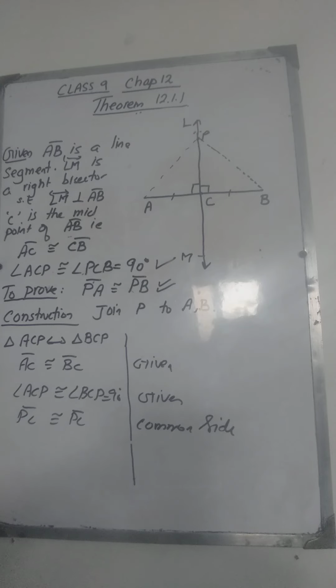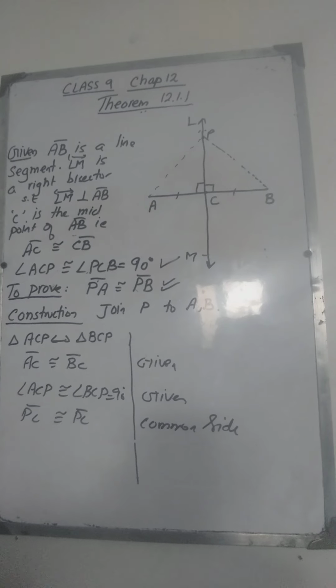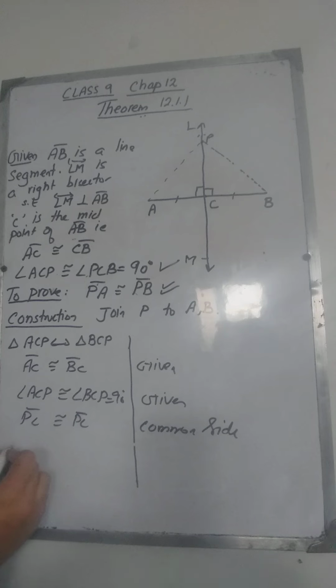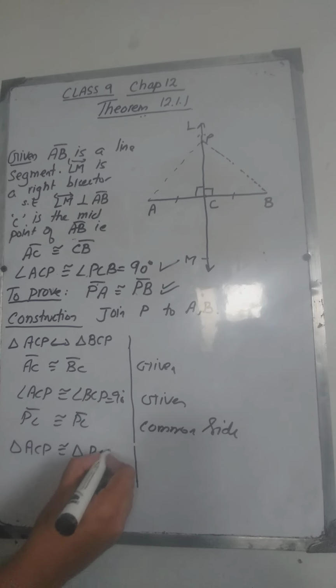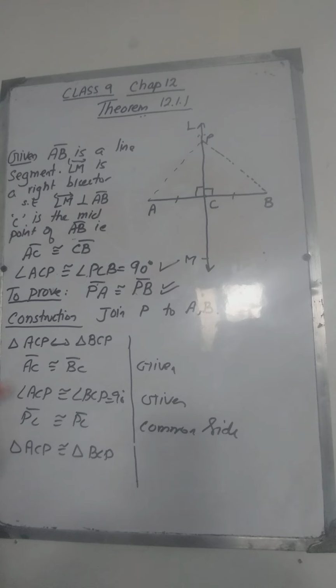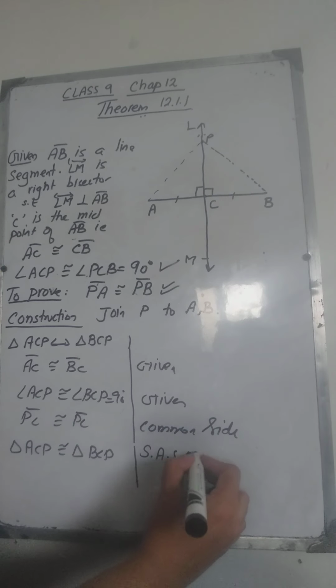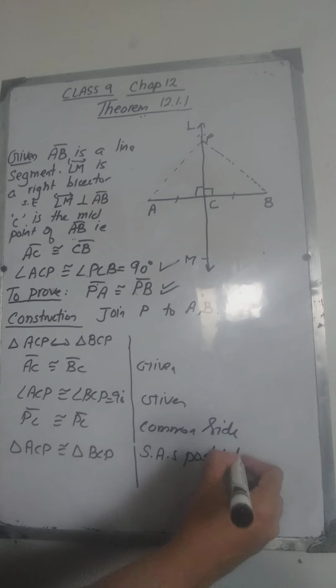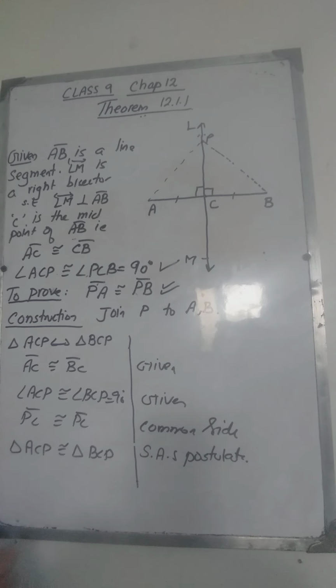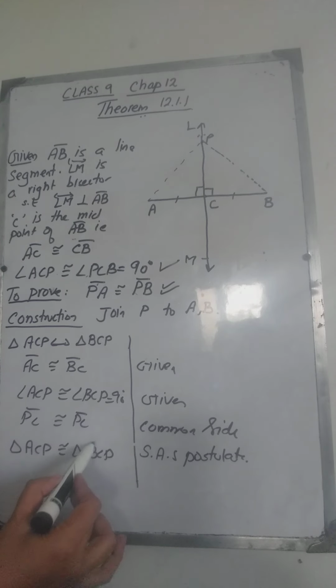Triangle ACP will be congruent to triangle BCP. According to the SAS postulate, the two sides and their included angle are equal to these two sides and their included angle. As they are equal, all their corresponding sides are also equal. Now if you see, corresponding to AP we have the side BP.